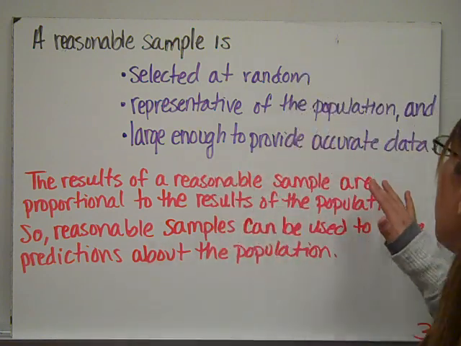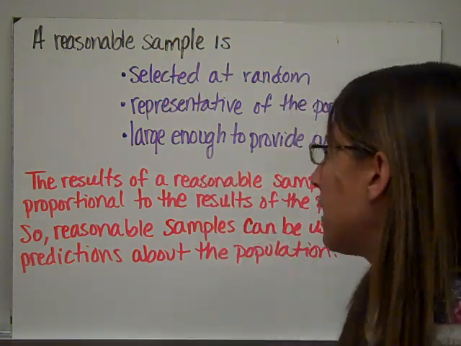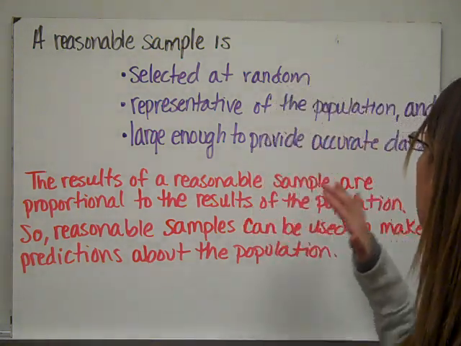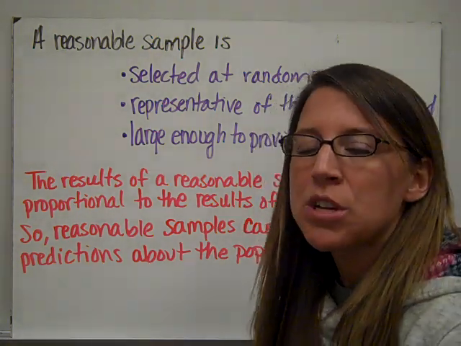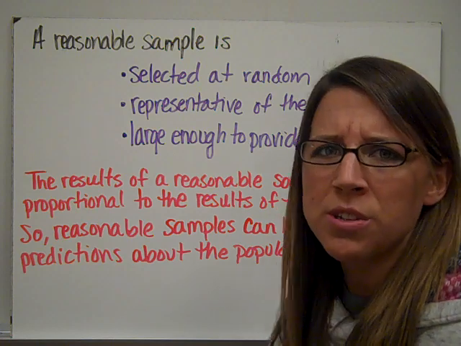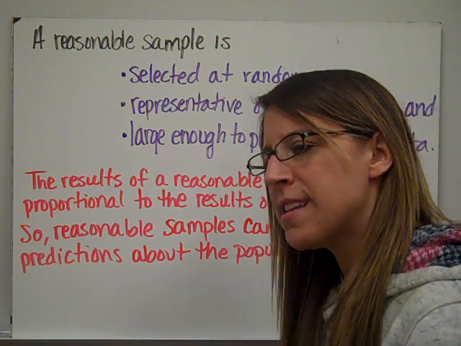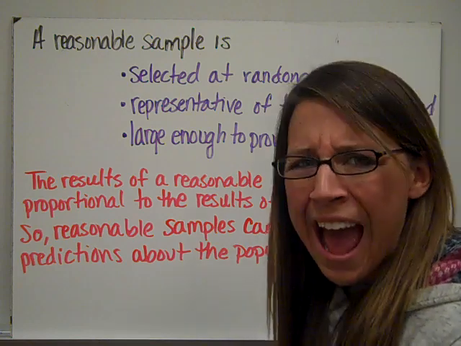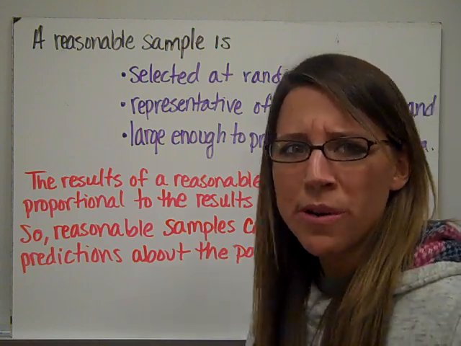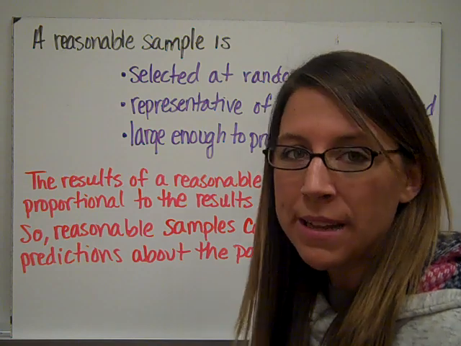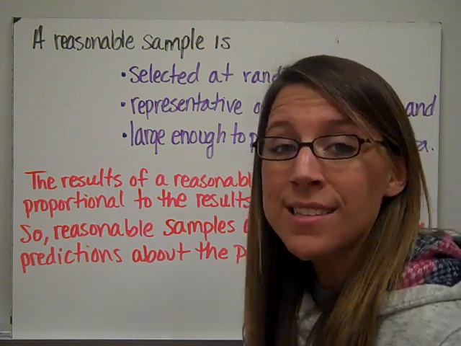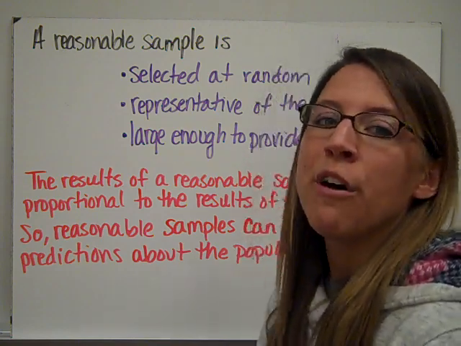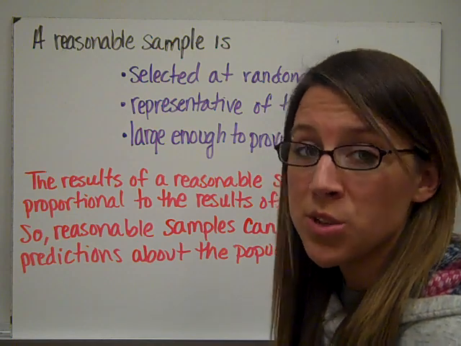It has to be representative of the population and large enough to provide accurate data. So if you only asked 4 students and 2 of them said, yeah, I'm going, are you able to conclude that half of the students in the school are going to be at the volleyball game? Probably not. The more students you ask, the more representative of the overall picture your survey is going to be.